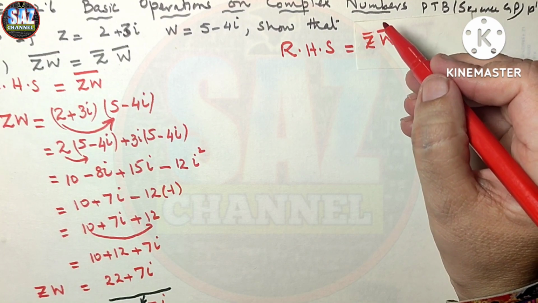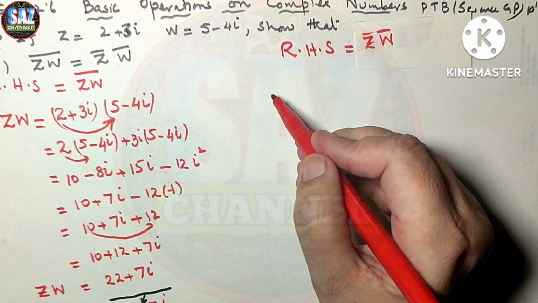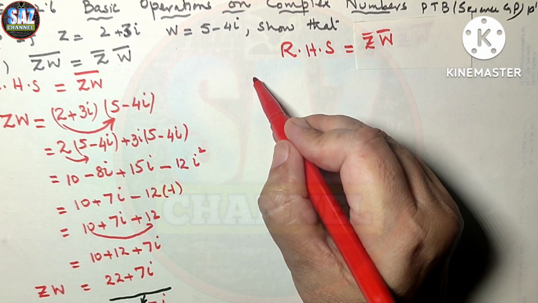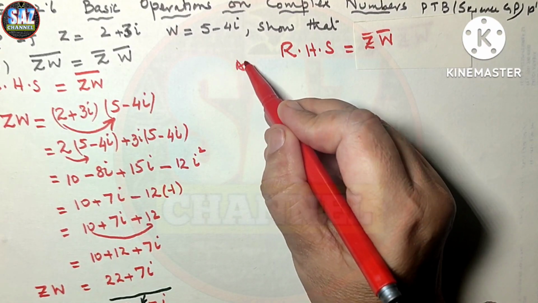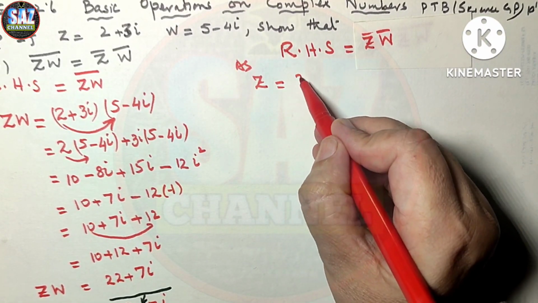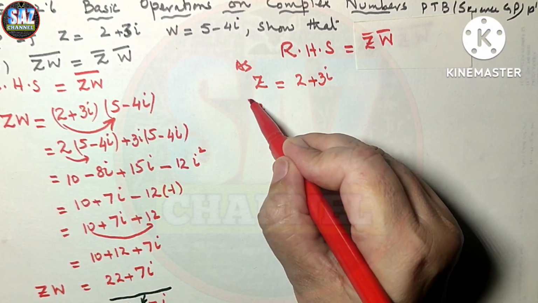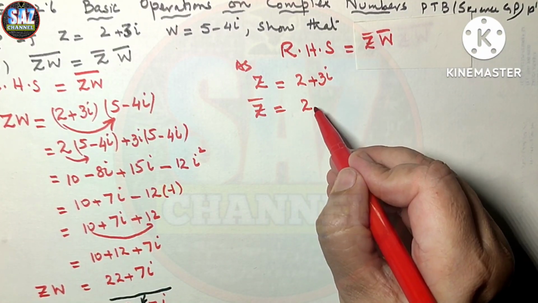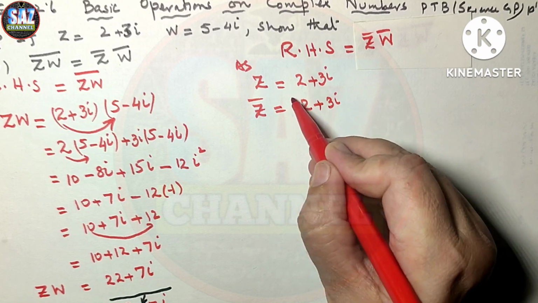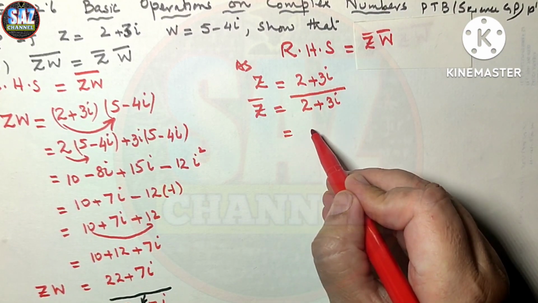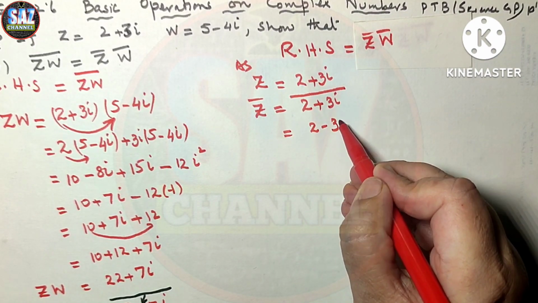Now, Z bar. As we are given Z, Z is 2 plus 3 iota. So, Z bar will be equal to (2 plus 3 iota) whole bar, and this will become 2 minus 3 iota.